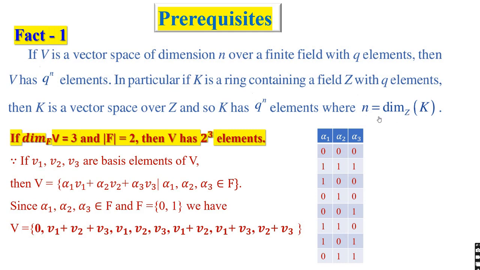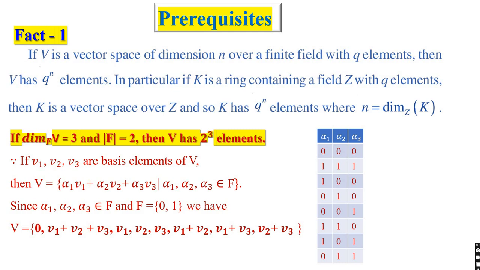So here, even though we mentioned that the dimension of K is n, K is regarded as a vector space, because a vector space should be an abelian group under addition, and K, being a ring, is always an abelian group under addition. And Z is actually a subcollection of K, so automatically the scalar multiplication axioms will also be true.